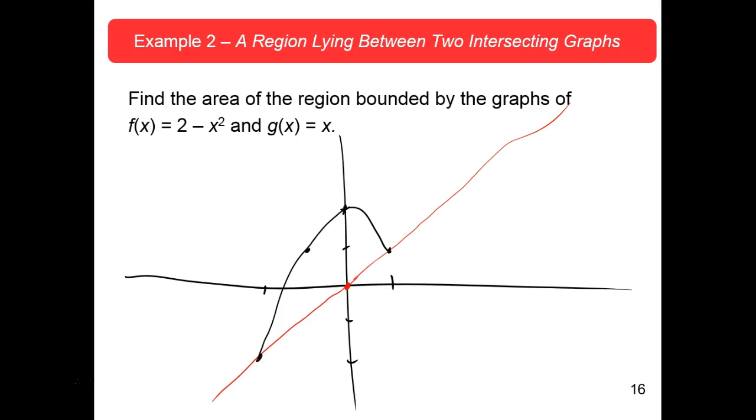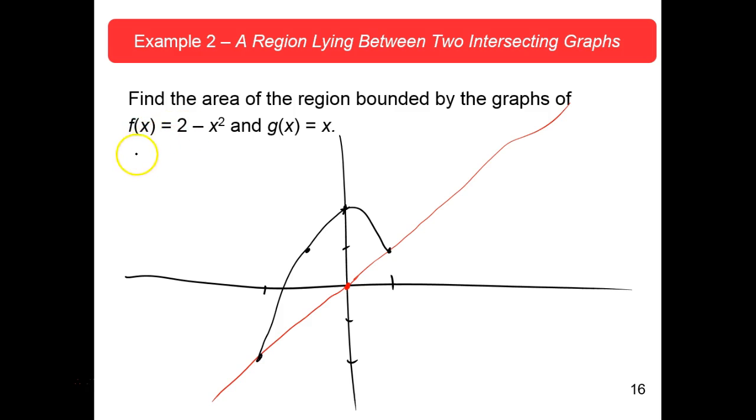So you can talk about f minus g in this region alone. What else is true about these 2 points of intersection? Isn't f equal to g there and there?